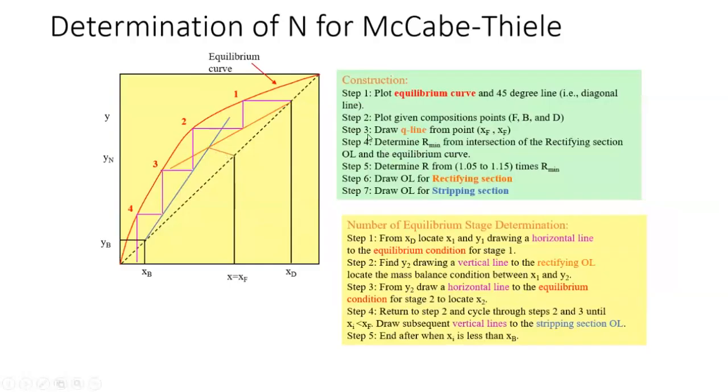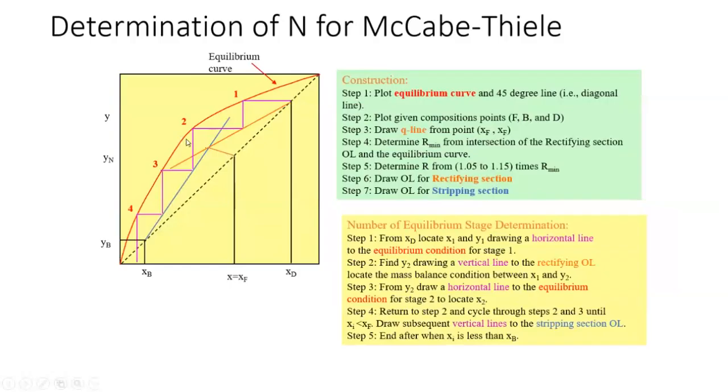Now we need to determine R minimum. If we need to determine the reflux ratio, and based on that design the distillation column, then we must determine R minimum. We will be able to determine R minimum if we find the point of intersection of this feed line with the equilibrium curve.